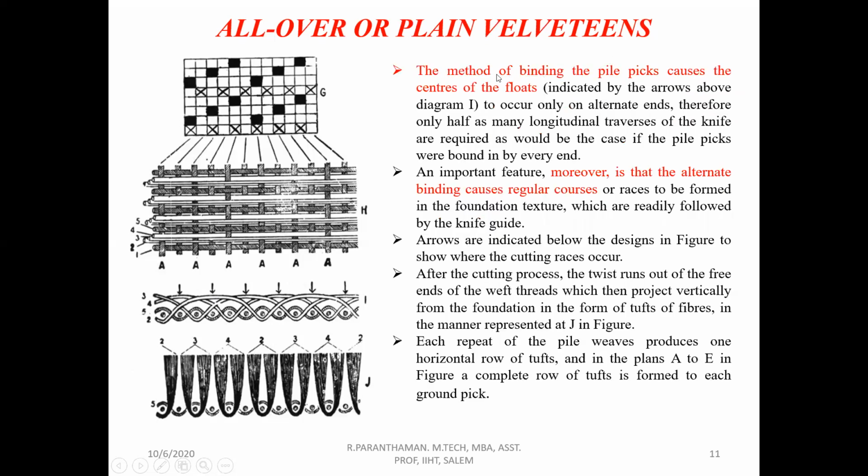Next, the method of binding the pile picks causes the center of the floats to be indicated by the arrows above diagram I. Already we have discussed where we have to put the knives. So we may put the knives at the center of the loop. So the arrows indicate the knife positions, the cutting edge of the loop.